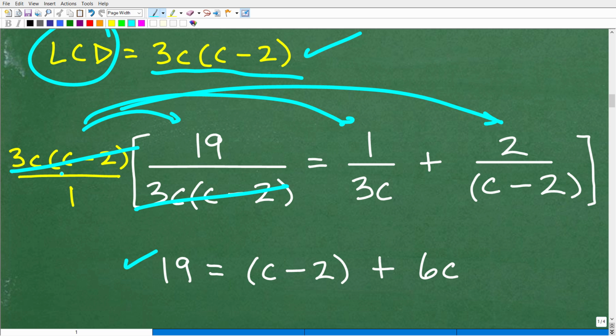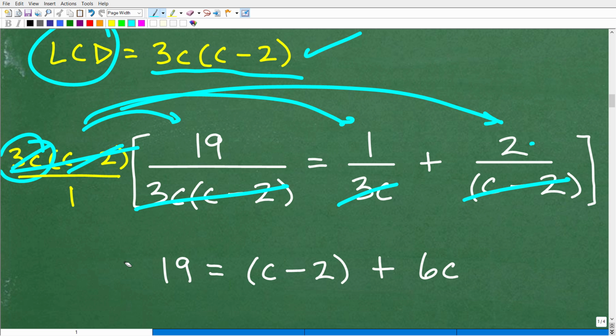And then when I multiply 3c times c minus 2 times 1 over 3c, the 3c's cross cancel, so I'm left with c minus 2. And then 3c times c minus 2 times this, the c minus 2's cross cancel, so I'm left with 3c times 2, which is 6c.